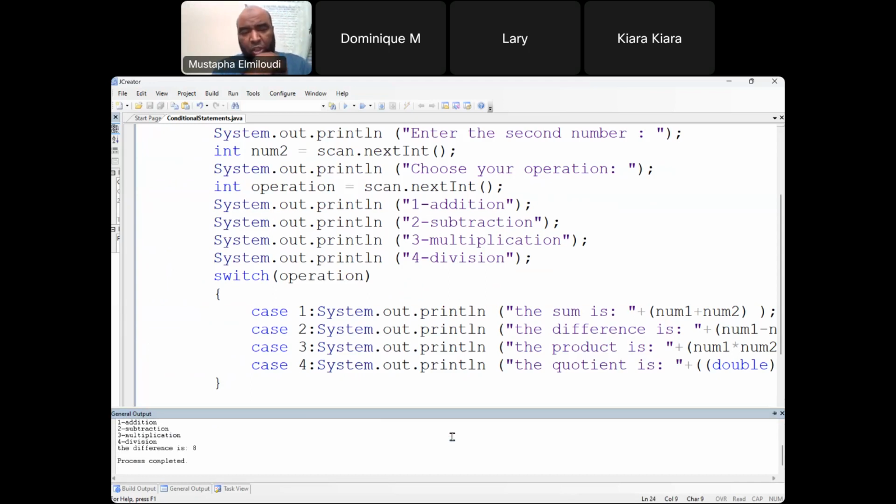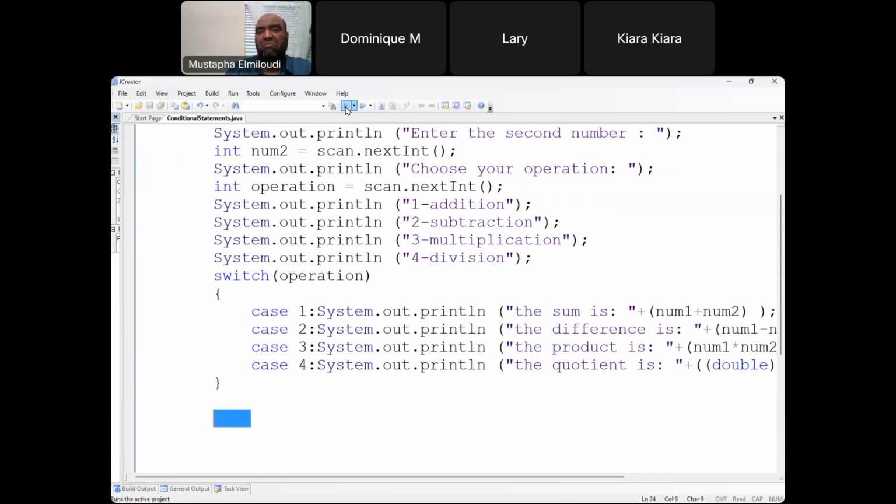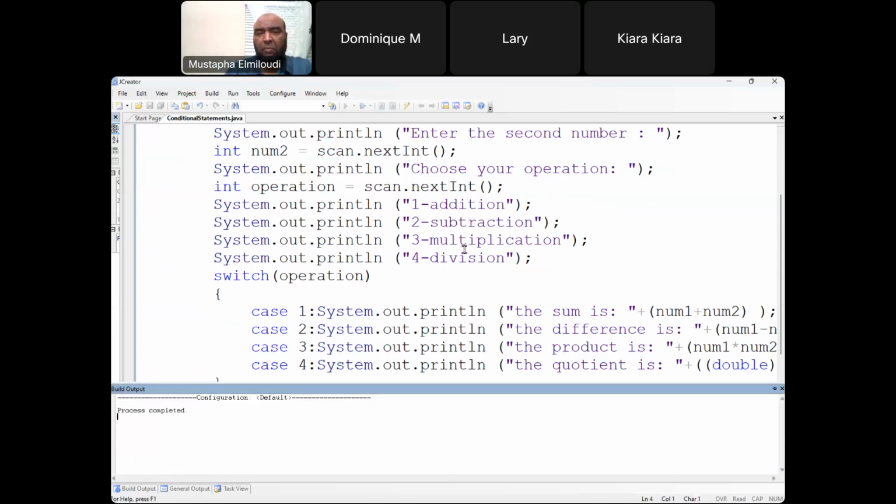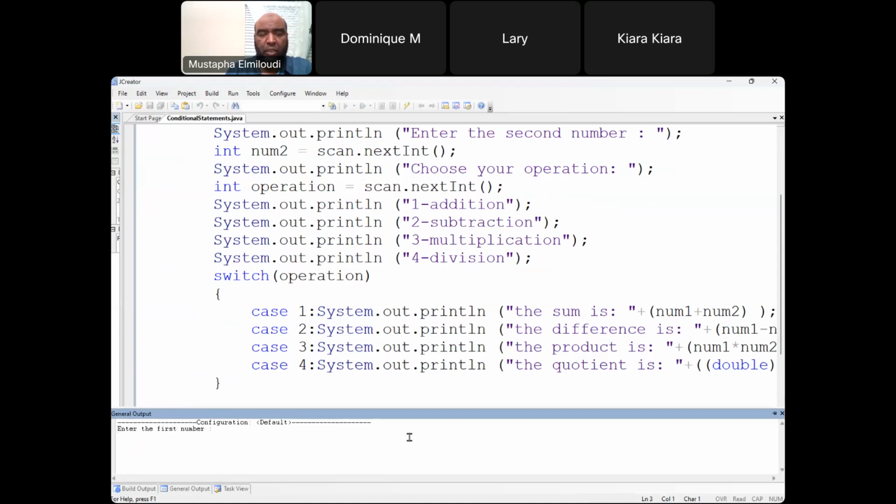Now, my question before I end this: what if I enter a number that is not 1, 2, 3, or 4? Some people just want to test the program, see the limits, and they enter something like 10. Let me start with the first number, and then the second number, let's say 5.